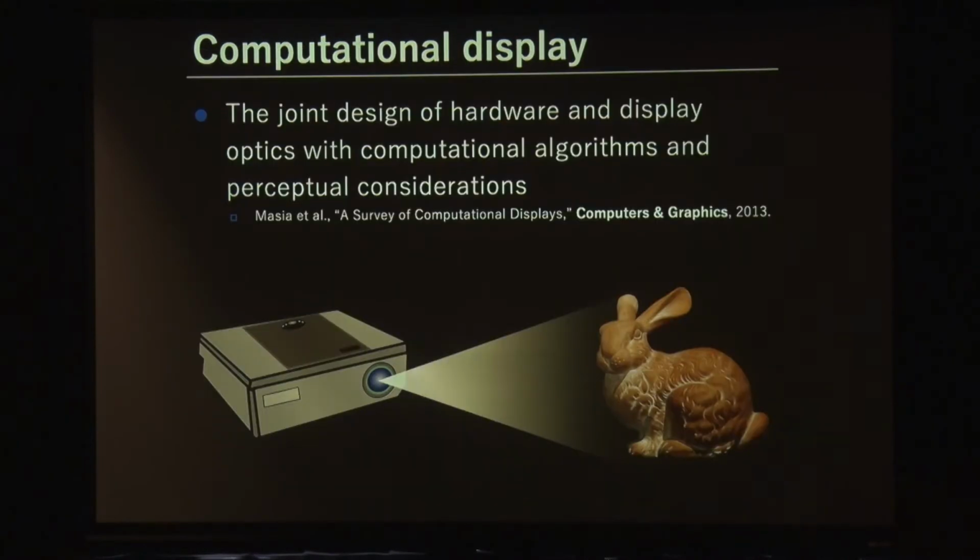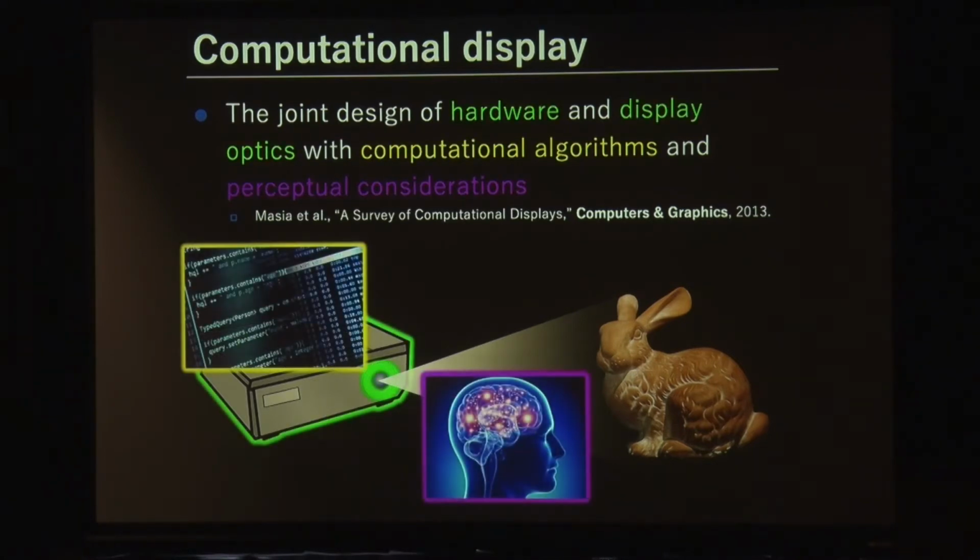To achieve real material control, we need a new type of technology that overcomes technical limitations of the current projectors. So we apply the computational display approach, which is defined as the joint design of hardware and display optics with computational algorithms and perceptual considerations. In addition to these components, I'd like to add one more.